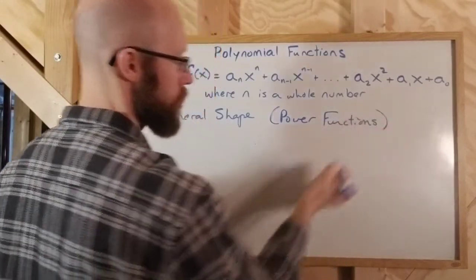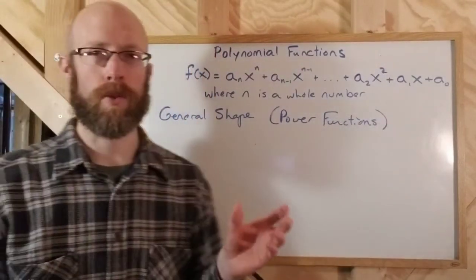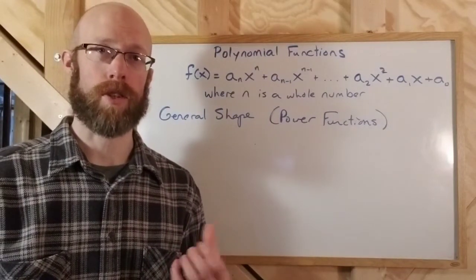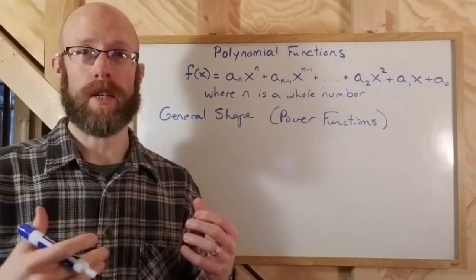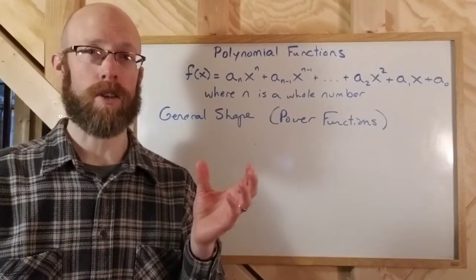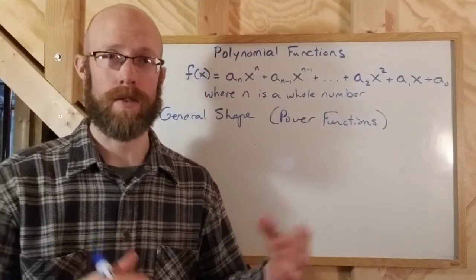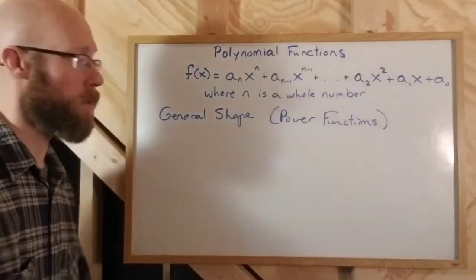Power functions are just individual terms. They're monomials, or polynomials with a single term, but they can vary in degree. So you just have maybe an x cubed term, or an x to the 6th term, and nothing else. All the other coefficients are 0.